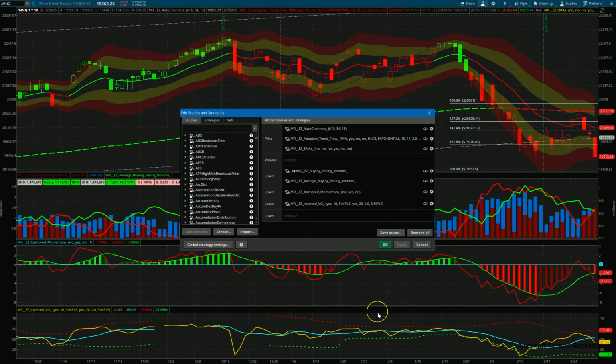It's an inverted VIX. If you don't know what the VIX is, it's the fear gauge. It's essentially options on the SPX, or the S&P 500 index, and it gauges the feelings that the traders have in terms of whether they're excited and pushing higher, or they're a little fearful and things are pushing lower.